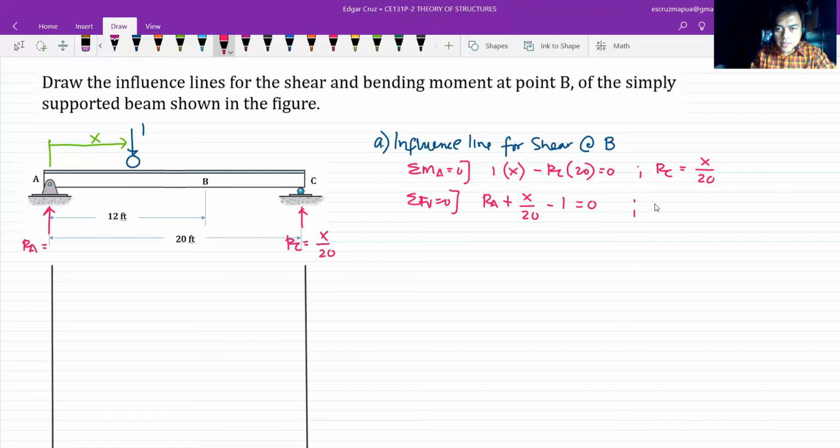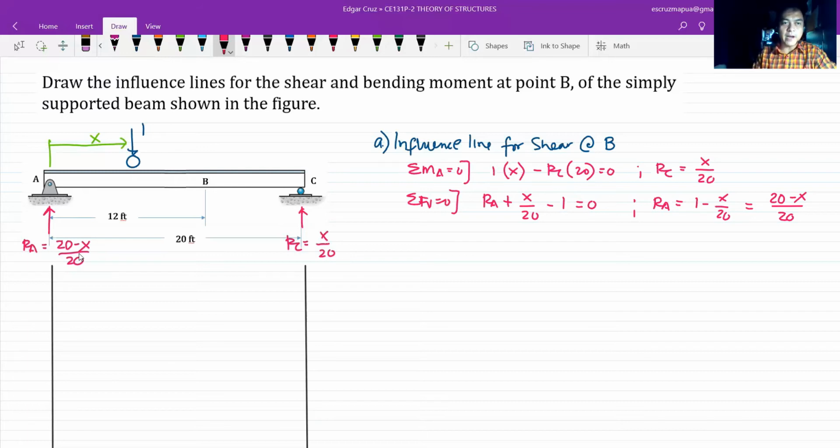From there, the reaction at A would be simply 1 minus x over 20, or it could be written as 20 minus x all over 20. So that is RA.